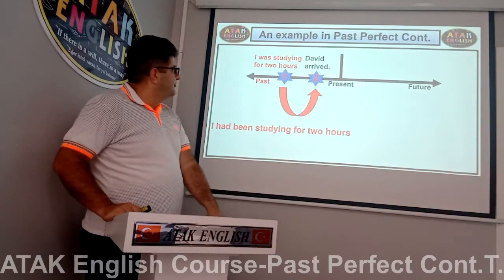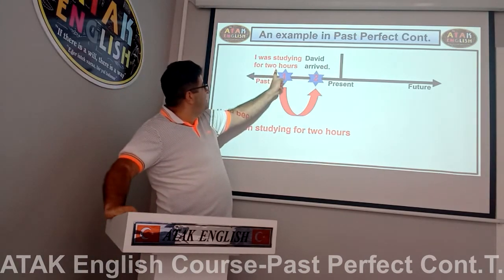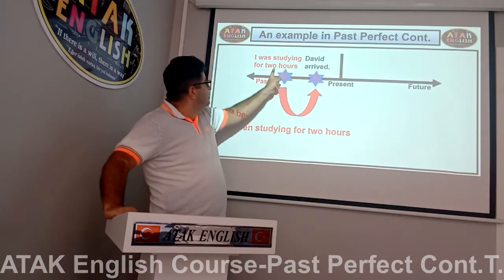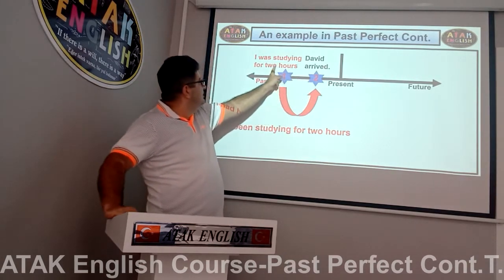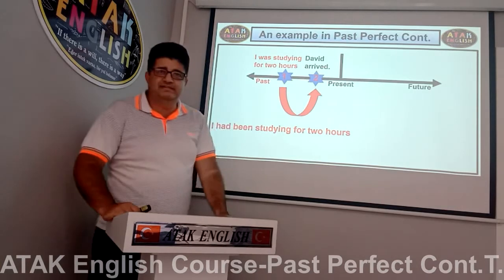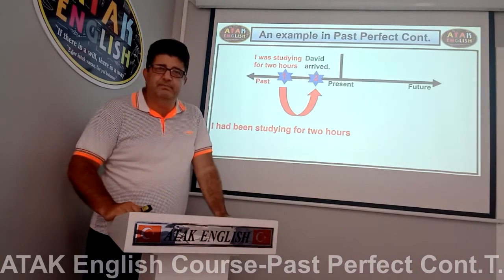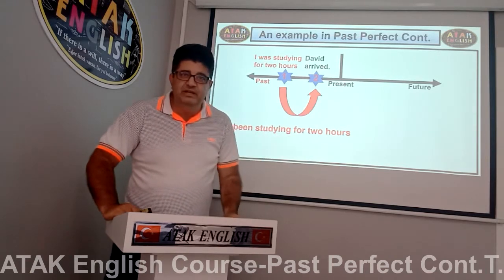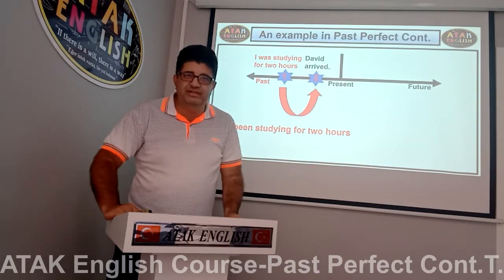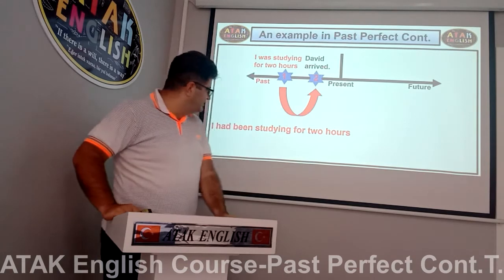What if we combine these two actions, different actions in different tenses, past continuous and past tense? Let's see how we combine them in one sentence, and what difference does it happen? What things change, at least?